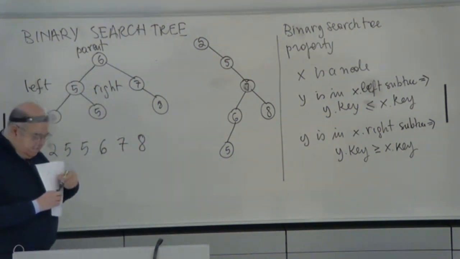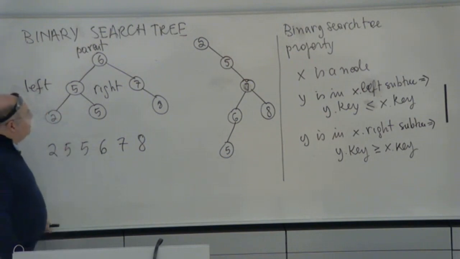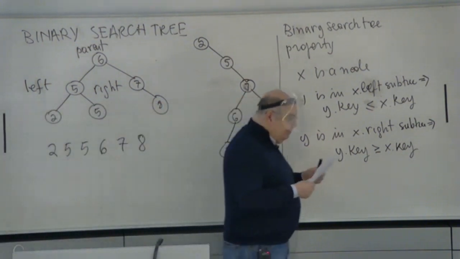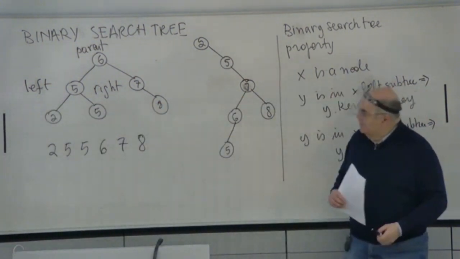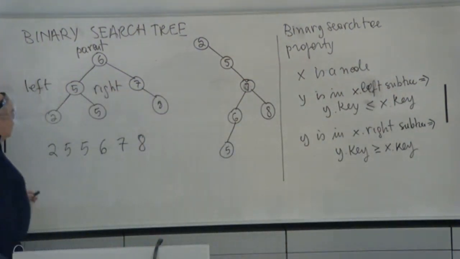Okay, so this is how the in-order tree walk works. It's quite easy to get. It's a recursive call.